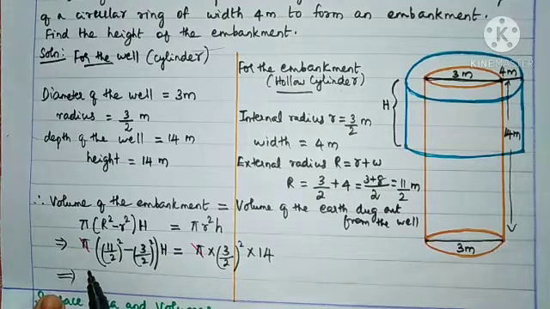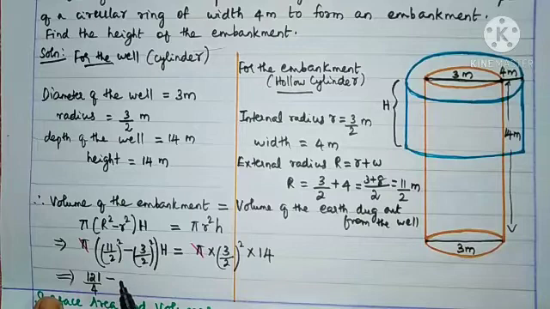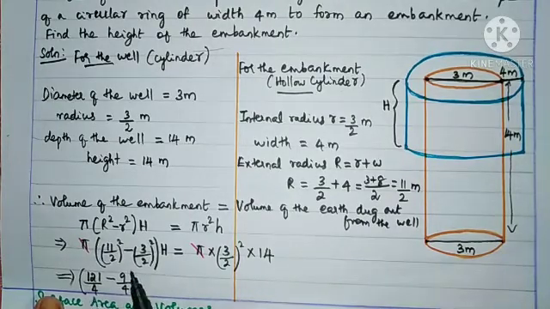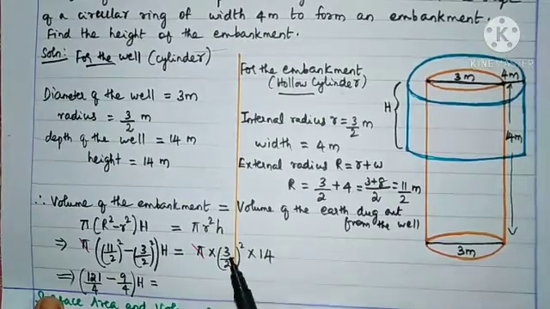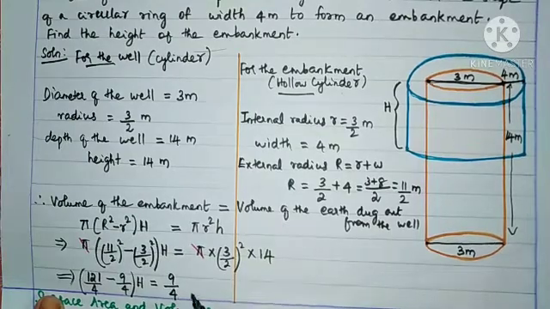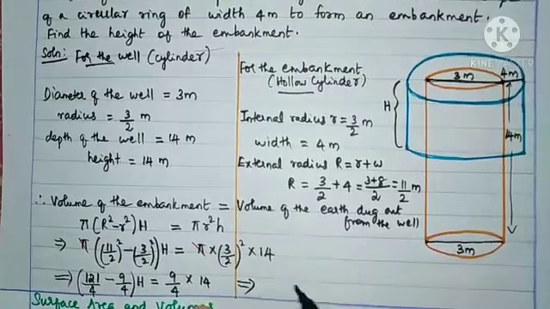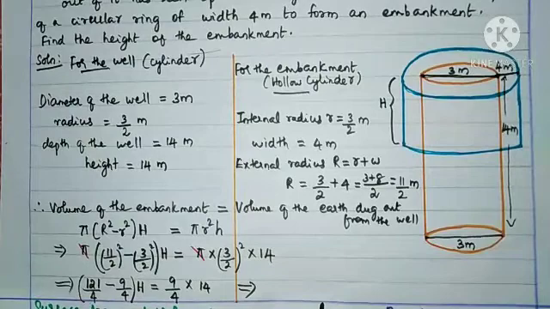Take the square: 11 square is 121 by 4, 2 square is 4, minus (3/2) the whole square is 9 by 4, close the bracket, into h equals here again (3/2) the whole square, that is 9/4 into 14. This implies, what is 121/4 minus 9/4?